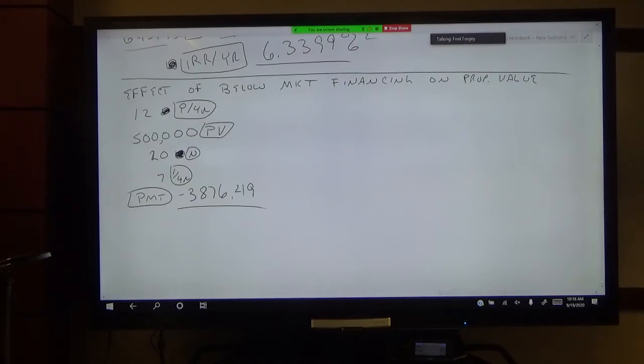I want you to think about this. So I'm offering it at a 5% interest rate, so we're just going to replace the interest rate and solve for the new payment here for a second. All right, let's look at the difference between these two.